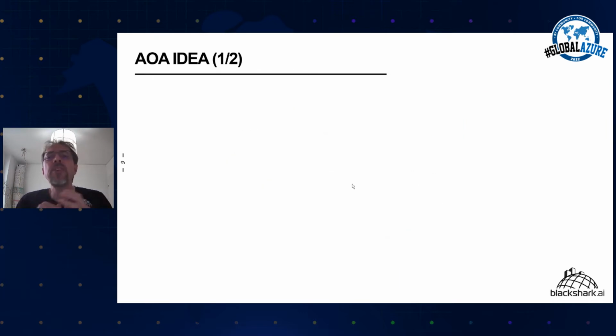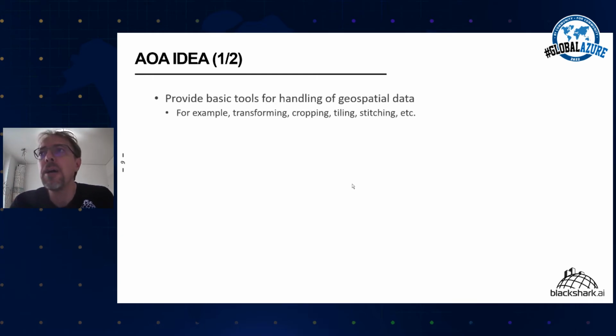So the basic idea from Azure Space for Orbital Analytics was, okay, let's make it easy for everyone. So they said, let's provide some basic tools for handling of geospatial data, you know, transforming from one file format to the other, or cropping, tiling, stitching, and so on.